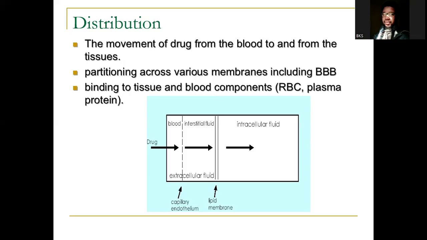So this is basically distribution, that when these substances get into the cells, they need to be distributed. And this is the route of distribution we mentioned, that from the enterocytes, they get into the portal vein, from the portal vein into the liver.